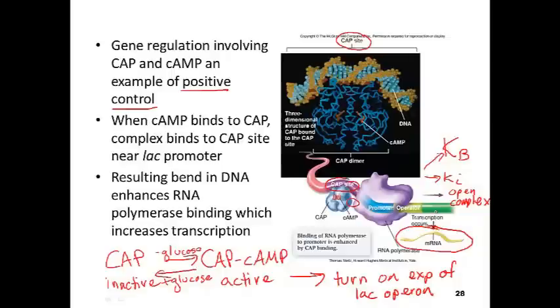That's an extremely important point. If there's no lactose here to be had, the repressor is still going to be bound at the operator. But now if lactose is available, we know repressor isn't a concern. And when glucose isn't available, we know CAP can now bind. And so we can see two very different modes of regulation of the same operon based on the conditions which the cell faces.